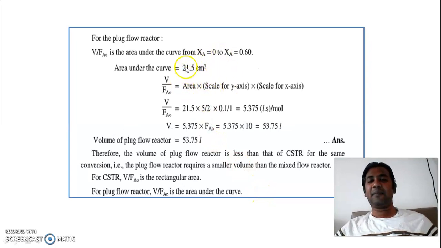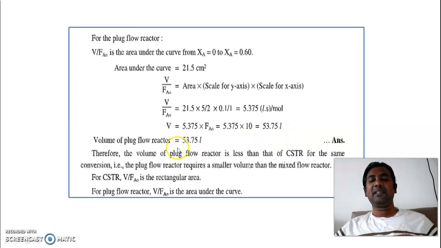As it is a graphical procedure, your area will be slightly different depending upon the accuracy of the graph, right? So again, you will do the same thing. V upon Fa0 is 21.5 into scale on x-axis into scale on y-axis. Here we will multiply the scale on x-axis and y-axis for 1 centimeter. So the volume we have got is 53.75 liter.